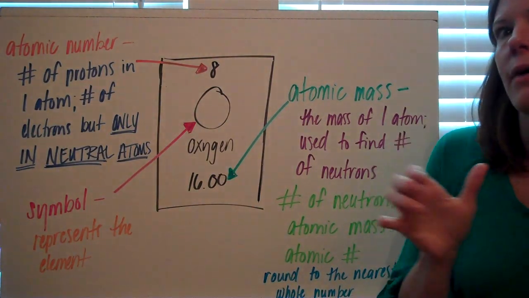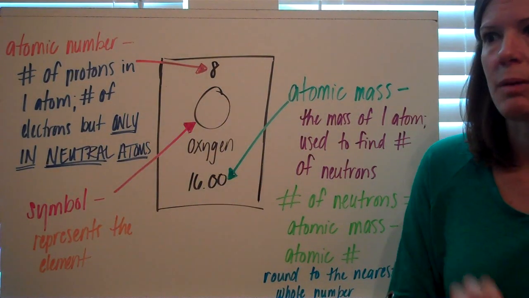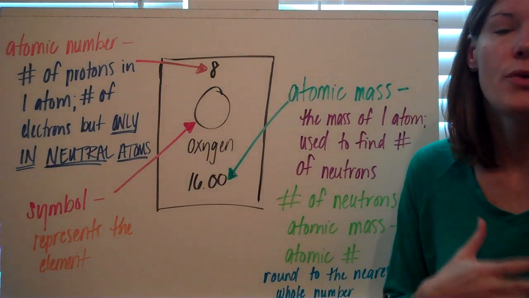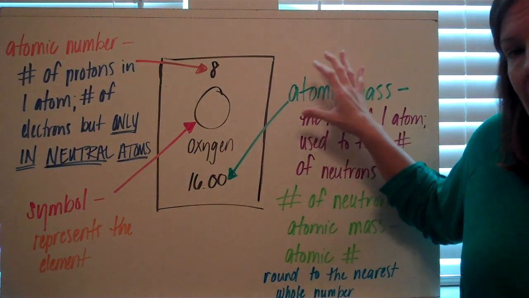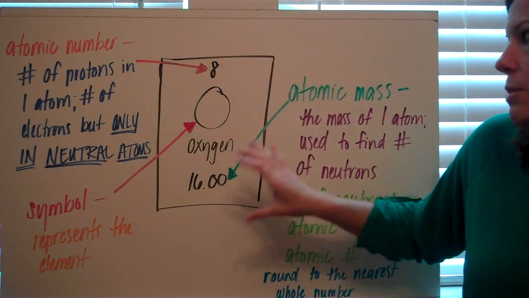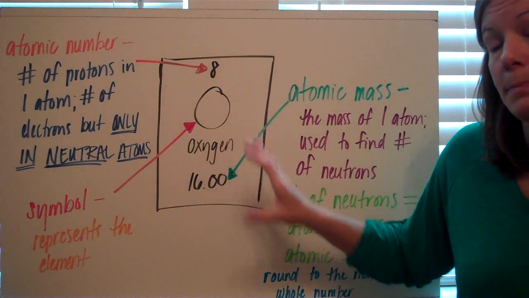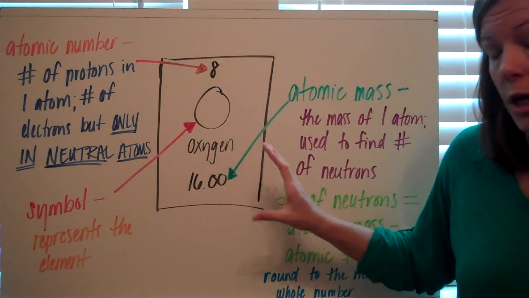And so they're about the same size. Electrons, remember, are infinitely smaller, so they don't really factor into the mass of an atom. So the atomic mass is essentially the number of protons and neutrons.